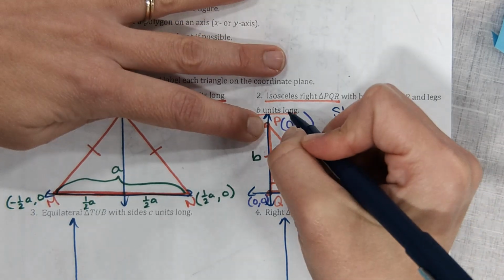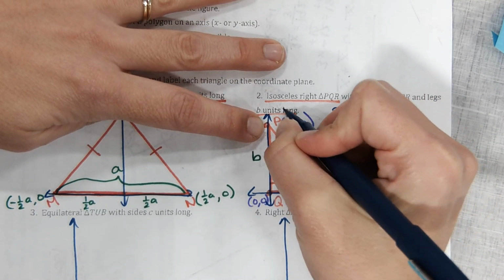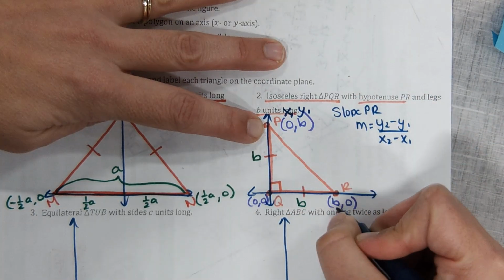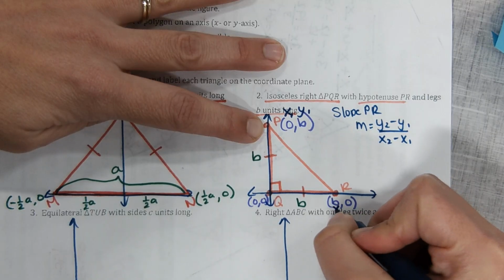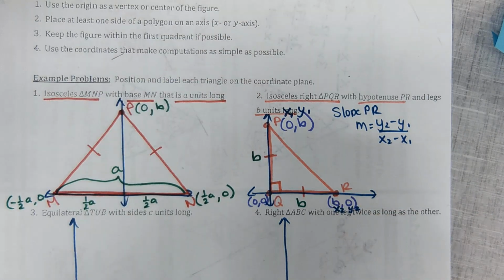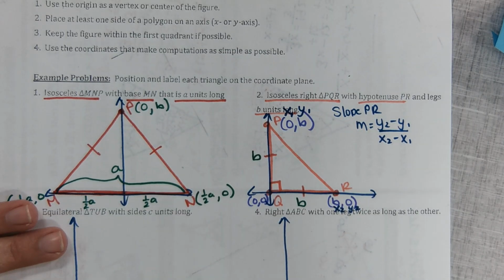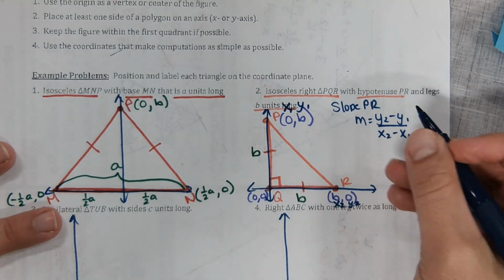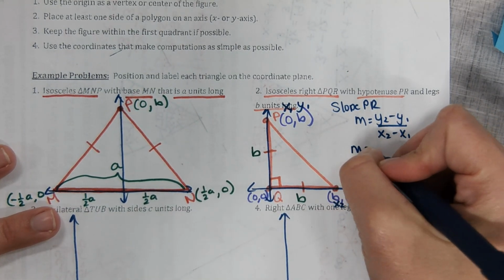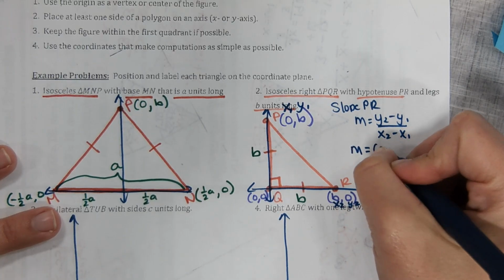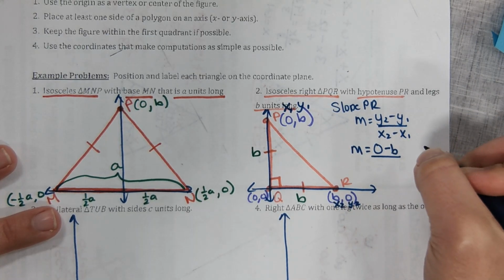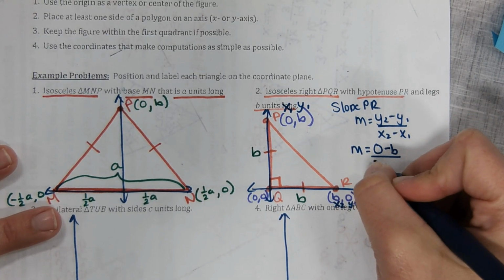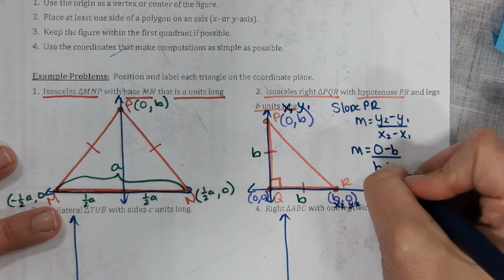So using this, we'll label our points. Let's call this x1, y1, and then x2, y2. And then we'll plug the numbers into this. So m equals y2, which is 0, minus B, over x2, which is B, minus x1.